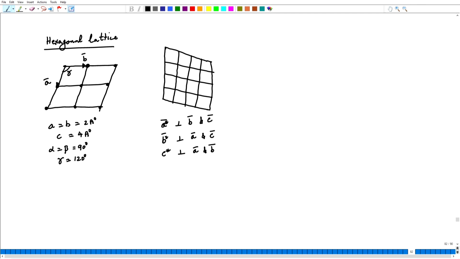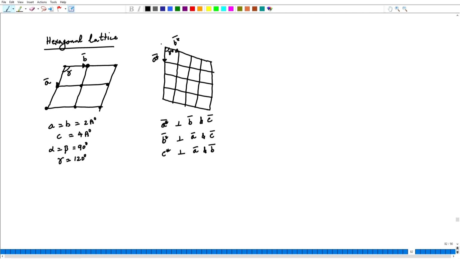So, here I have, this is my vector A star, this is the vector B star. A star is perpendicular to B and C, it works out well, because C star will again be perpendicular to this figure. This angle out here is gamma star.